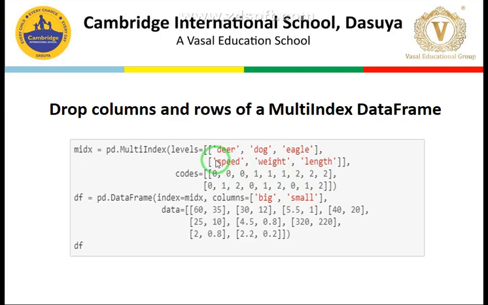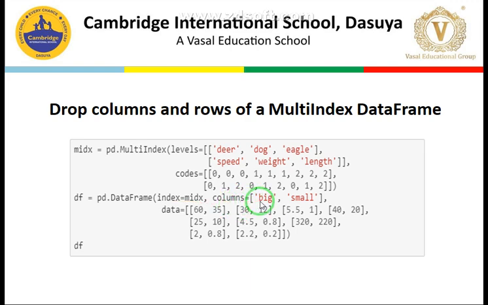Students, this is about the levels of the index. Next, you see in step number 2 where the data frame is actually created. In step number 1 we created the index. Clear? I have named it midx, so midx is acting as the index, and then I have my columns.